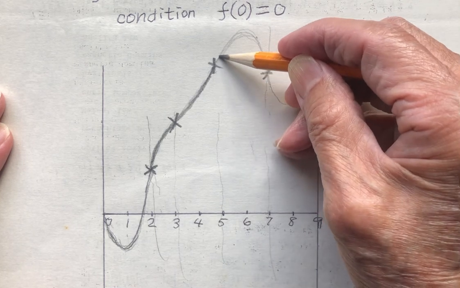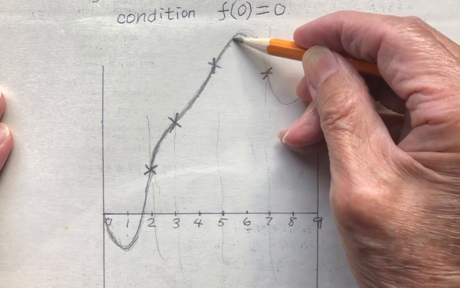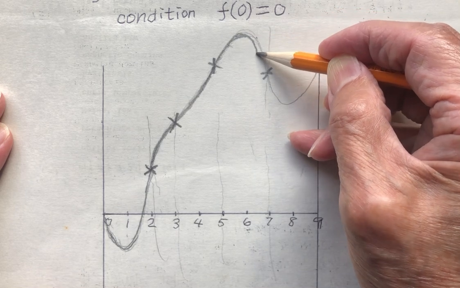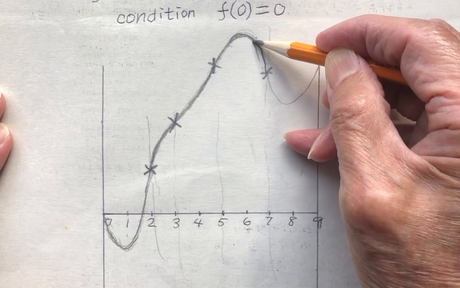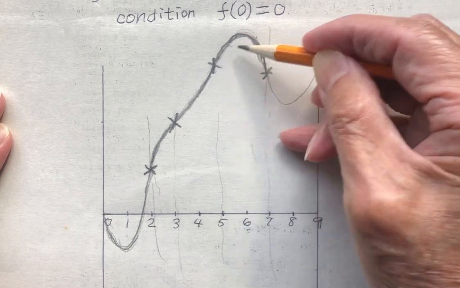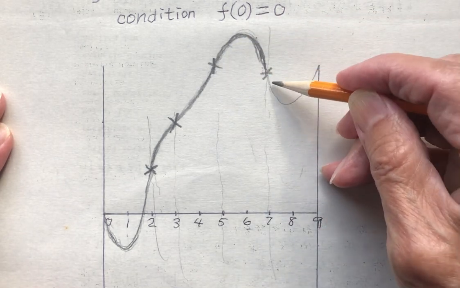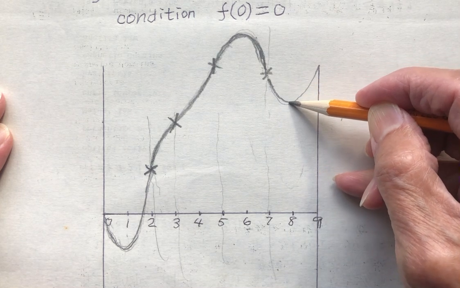So this is concave down and a maximum here. And a maximum here, okay. And a minimum here. Concave up.